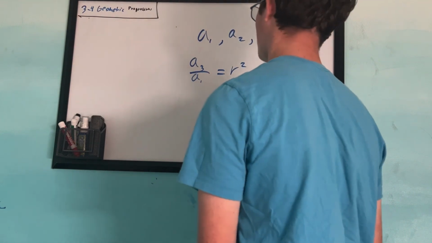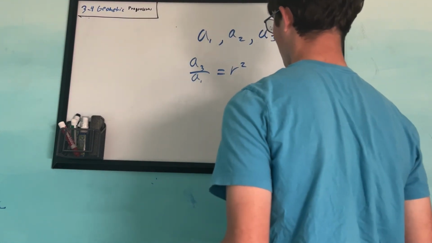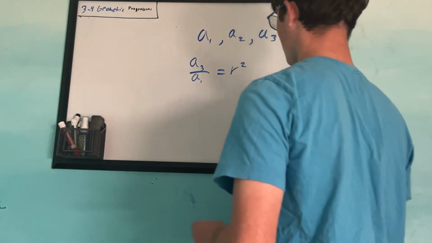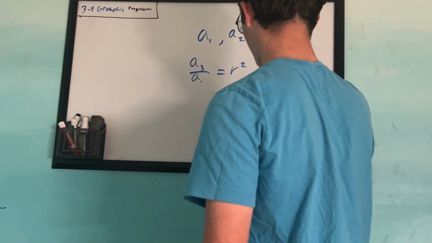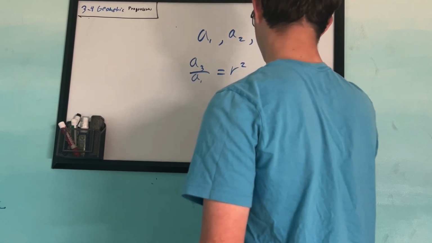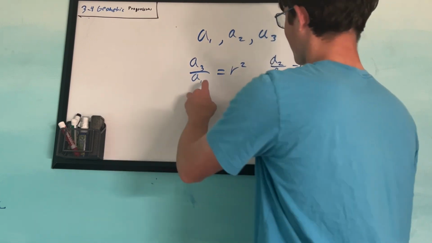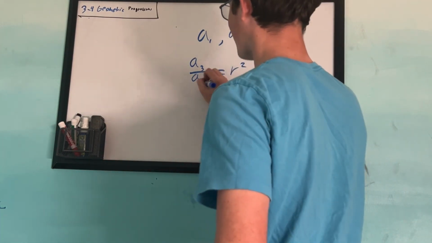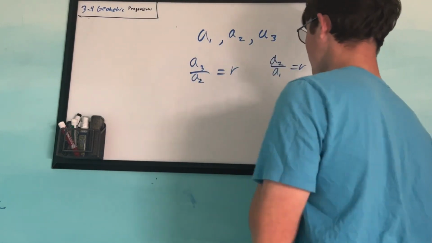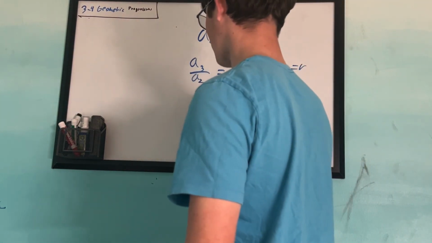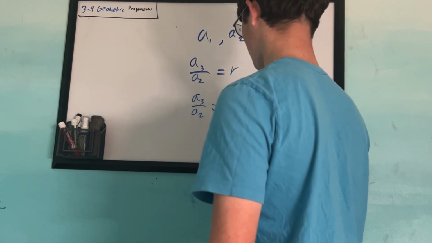So we have a sub 3 over a1 equals r squared, and we also have a sub 2 over a sub 1 equals r. Actually, this should be a sub 3 over a sub 2 equals r, and a sub 2 over a sub 1 equals r. So that means a sub 3 over a sub 2 equals a sub 2 over a sub 1.